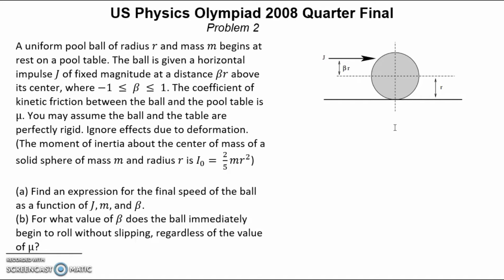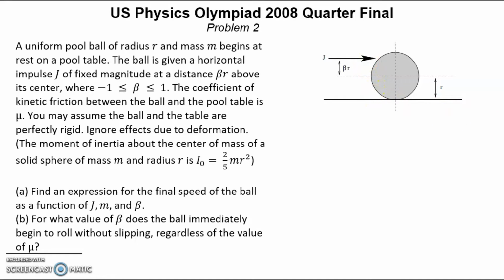Let's consider the initial position. When we hit this ball with impulse j, we can calculate the angular momentum of this ball around any axis which belongs to the table and is perpendicular to j.